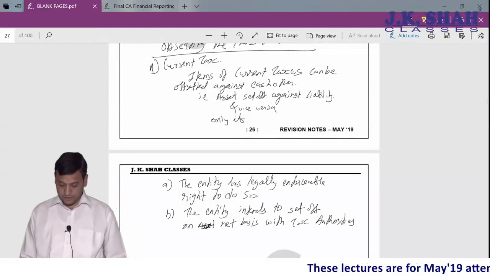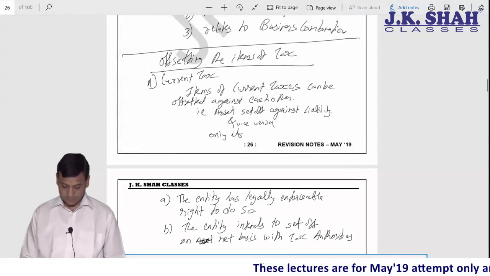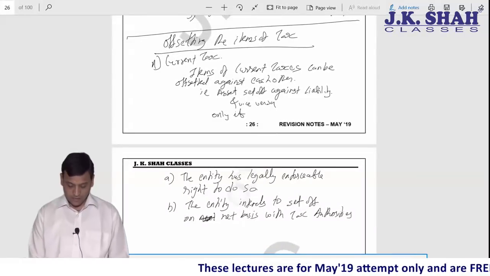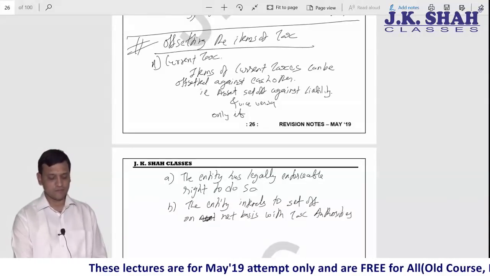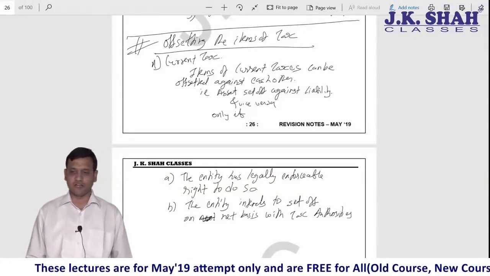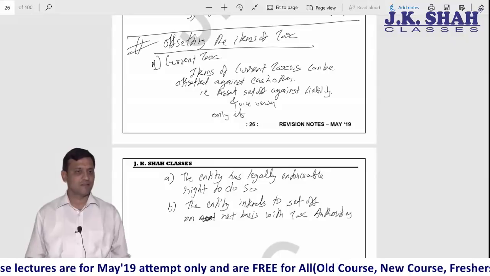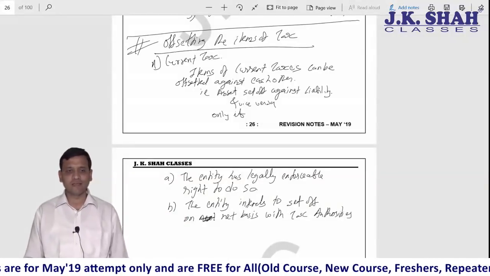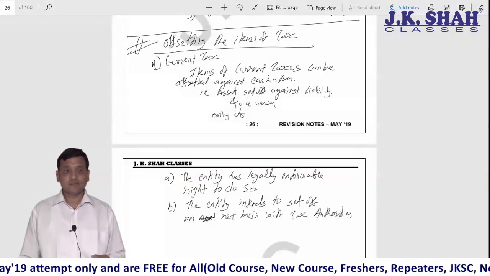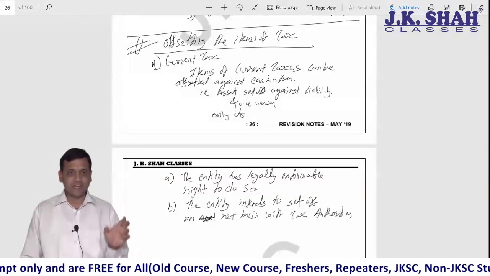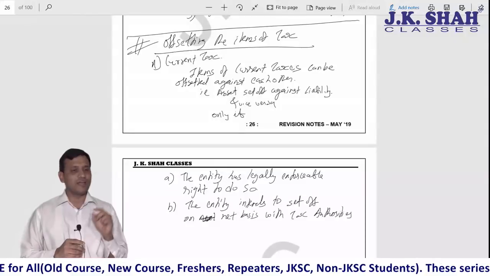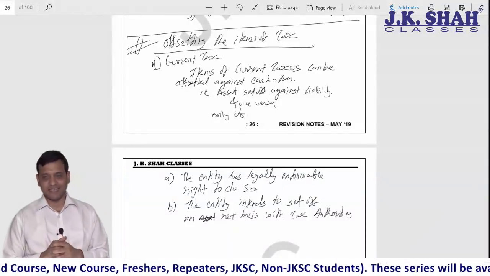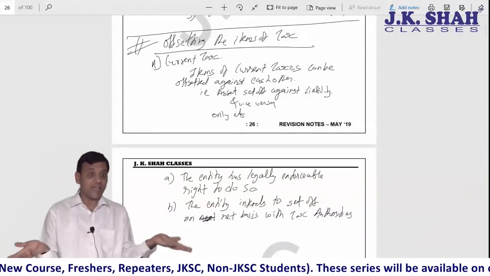What I am talking here is, can I offset those items of provision for tax against advance tax? In my books I have provision for tax and I also have advance tax. Can I net both of them and write a single item? Means it is not to be offset by journal entry. Advance tax 100 crore, provision for tax 89 crore. So can I write down net advance tax 11 crores? Yes, I can.